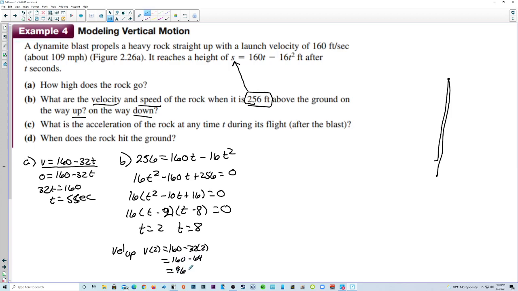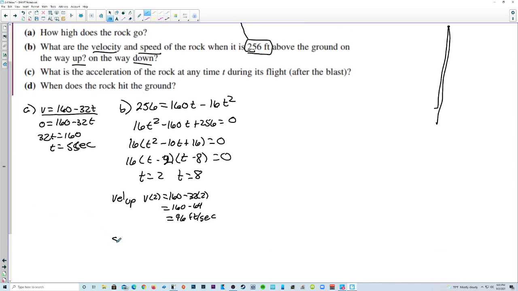So that's 96 feet per second. The speed on the way up is equal to 96 feet per second. Speed is always positive, so we just take the absolute value of the velocity. Velocity has direction, speed does not.